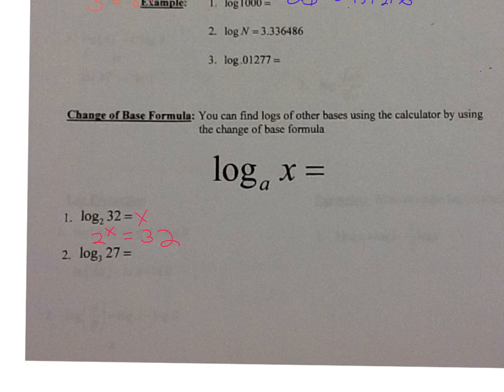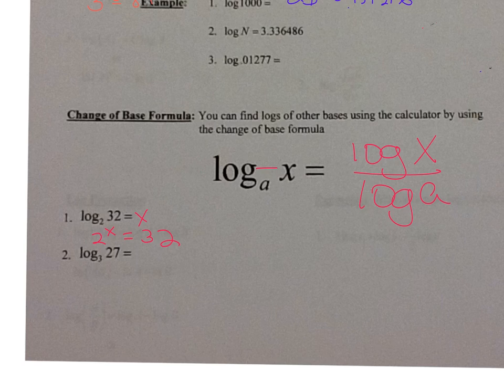But there is actually a way to do this in the calculator, and it is called the change of base formula. So to do the change of base, this is the rule, log base a of x equals log x divided by log a. And what this does, it puts your log in base 10.